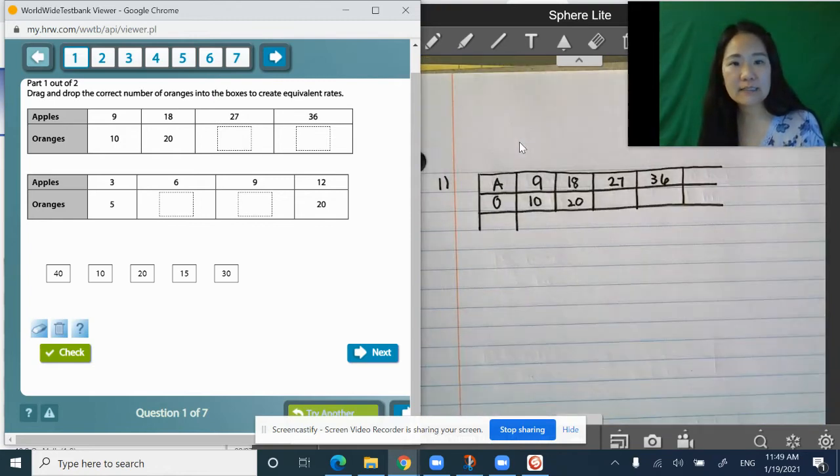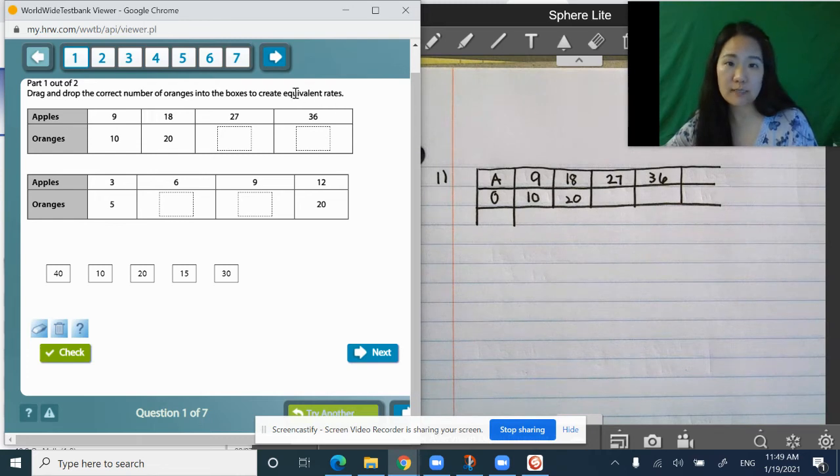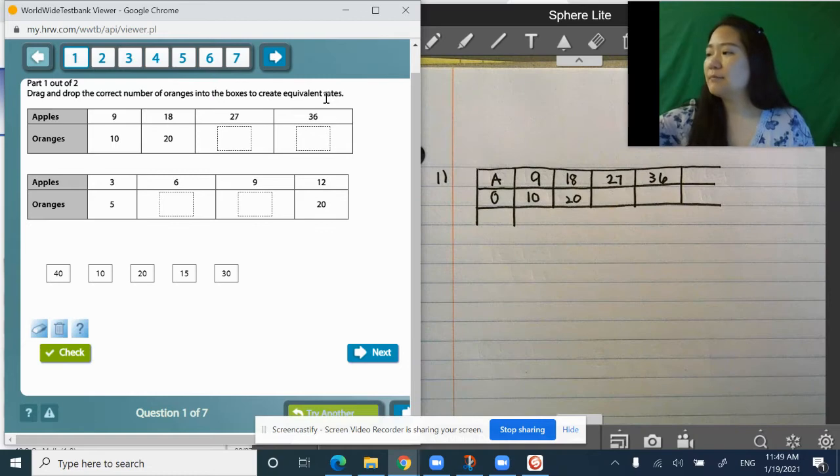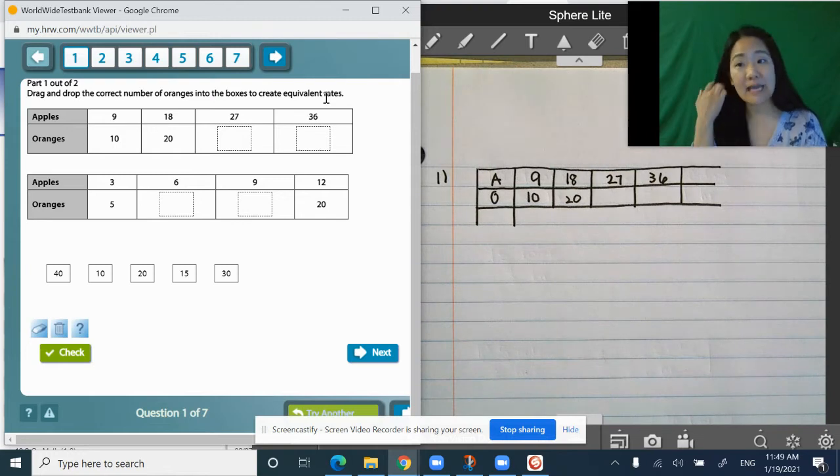When we are writing equivalent rates or equivalent ratios, right here it says equivalent rates, you need to use a multiplicative relationship, meaning you either multiply or divide, but you will not be adding or subtracting. So what I'm saying is this.